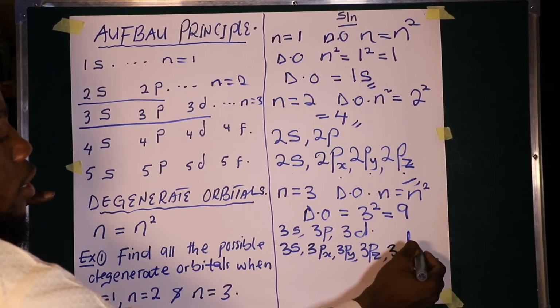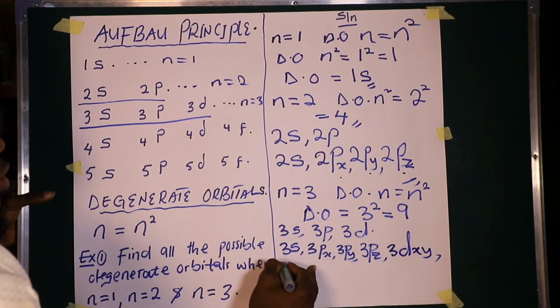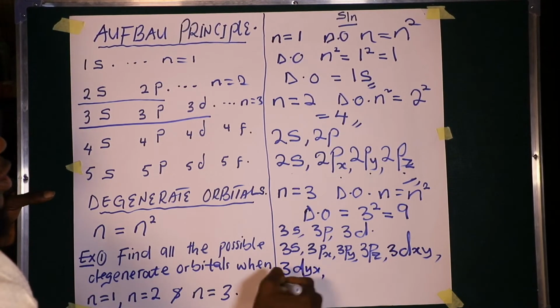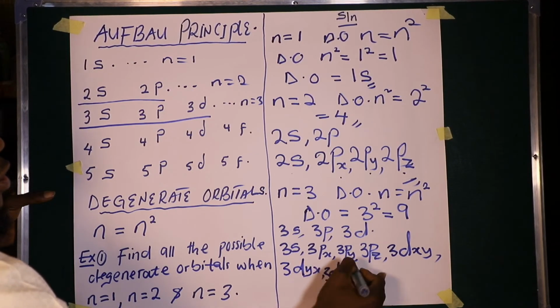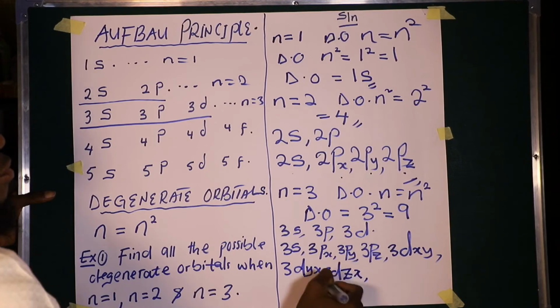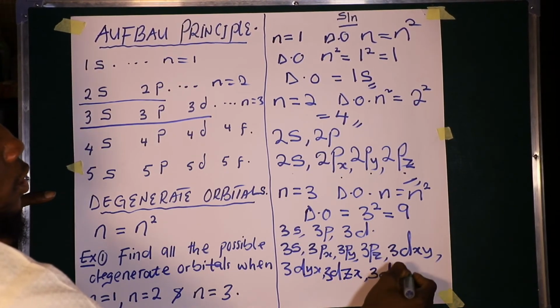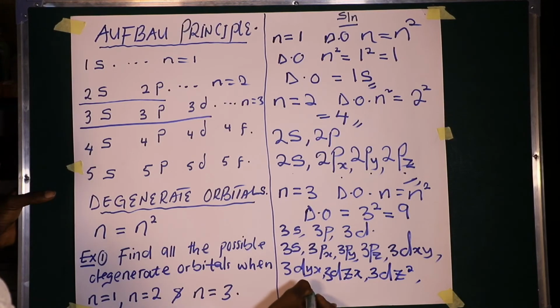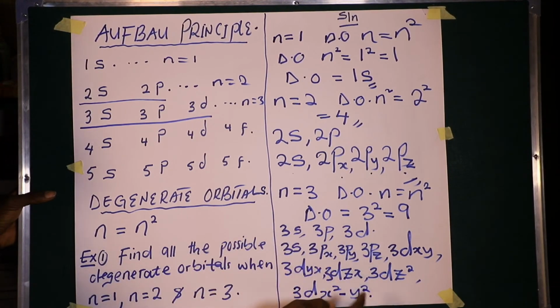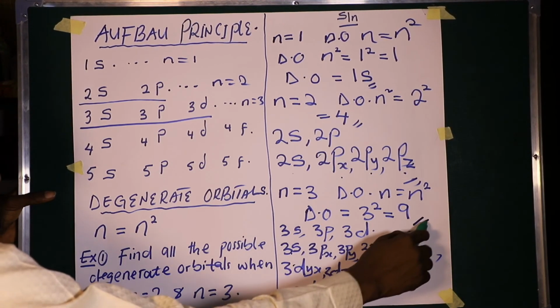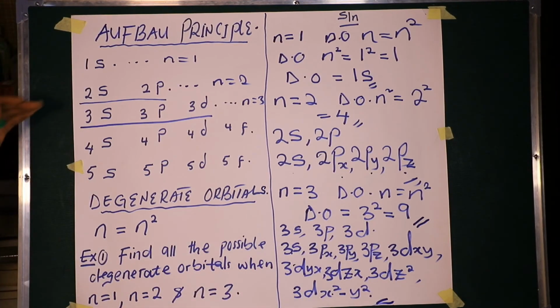We have 3dxy, 3dyz, 3dzx, 3dz squared, and the last is 3dx squared minus y squared. So when we count, we can see that it is 9 orbitals. Let's count: 1, 2, 3, 4, 5, 6, 7, 8, and 9. So this is how we can obtain degenerate orbitals from the Aufbau principle diagram.